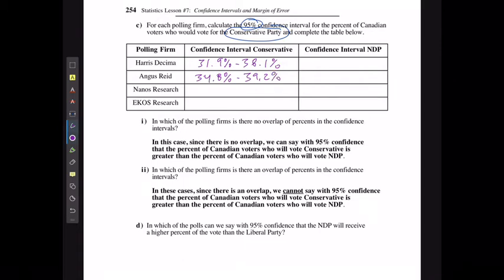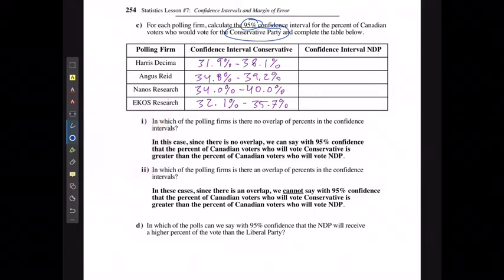For Nanos, 34.0 to 40.0. And for Ekos, 32.1 to 35.7.